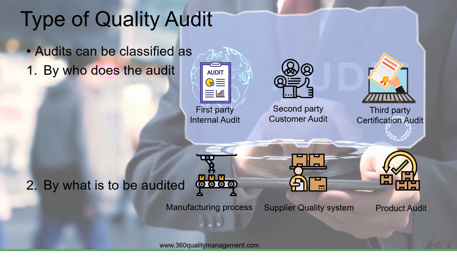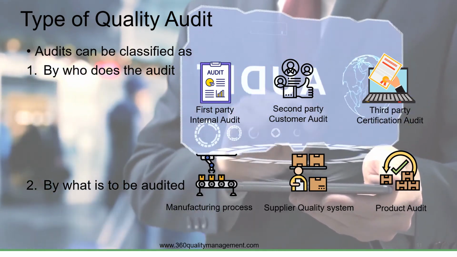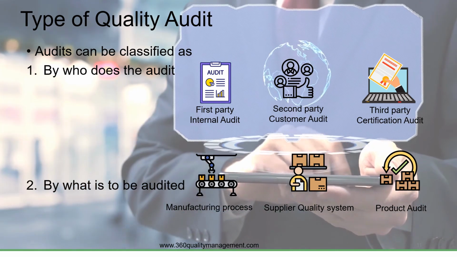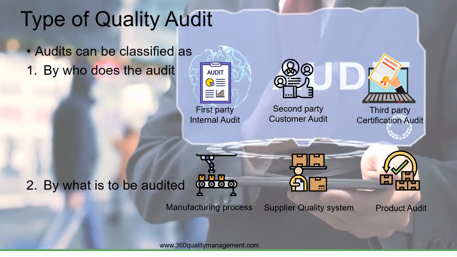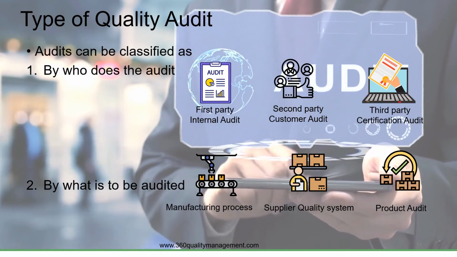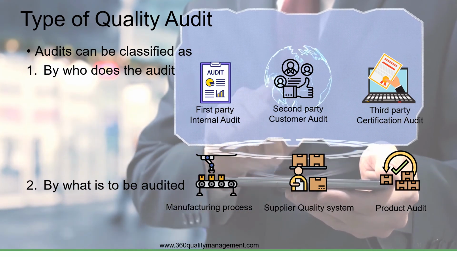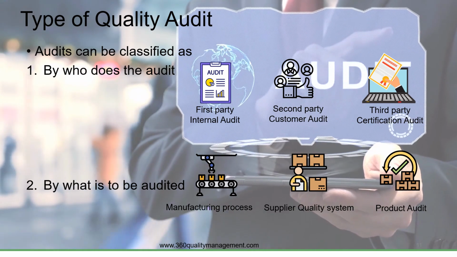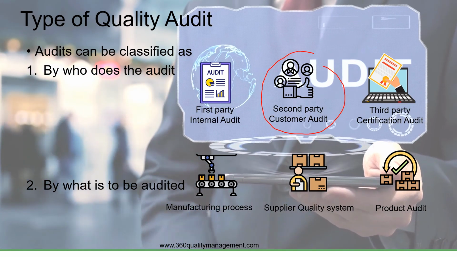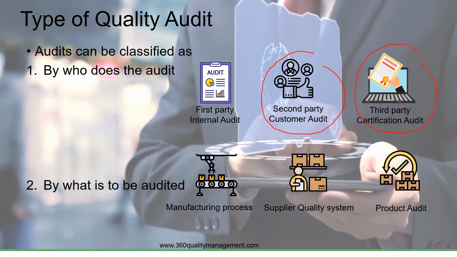It is important to conduct a quality system audit or QSA on suppliers, even though the supplier has already been quality management system or ISO certified. The perspective of conducting the audit is different for the second party and the third party certification audit.